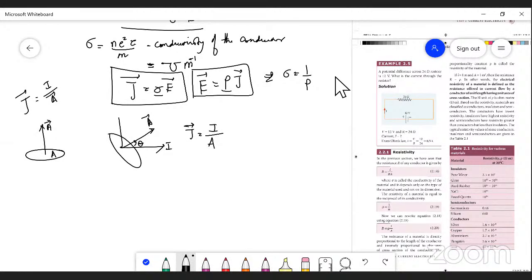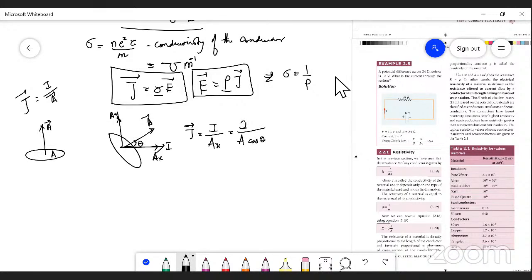So if I resolve this into two components, this one can be taken as AY and the other component can be taken as AX. So I can write the component which acts along the direction of flow of current, from which we can calculate the current density. J vector equals I divided by AX. This is nothing but I divided by A cos theta.